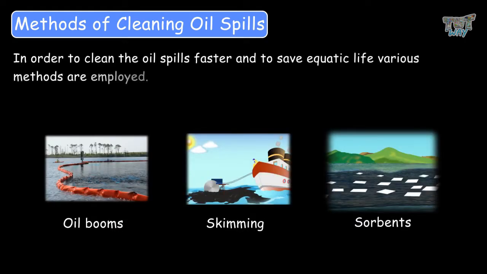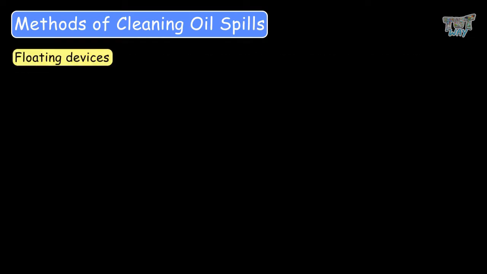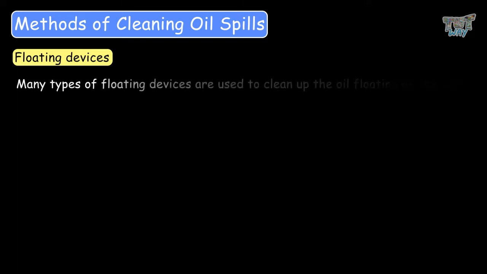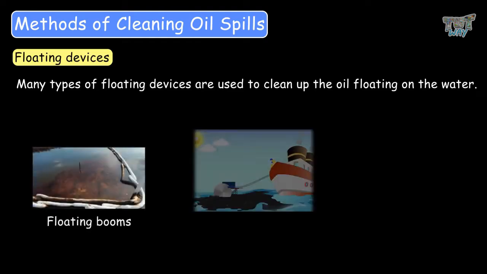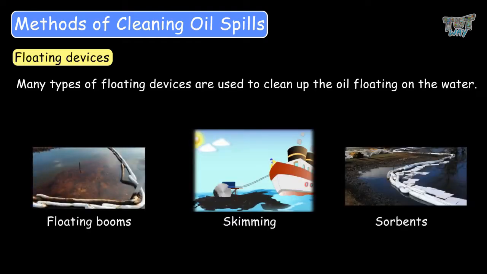So in order to clean up the oil spill faster and to save aquatic life, various methods are applied. Now let's learn them one by one. Floating devices. Many types of floating devices are used to clean up the oil floating on the water, like floating booms, skimming, and sorbents.